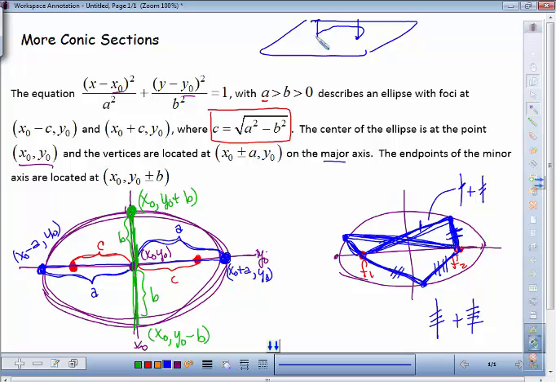Then you take your pencil, stretch the string out, and draw what would be an ellipse, because you're restricted to the length of that string connecting those 2 nails. Okay? So that's another way to try to visualize this.